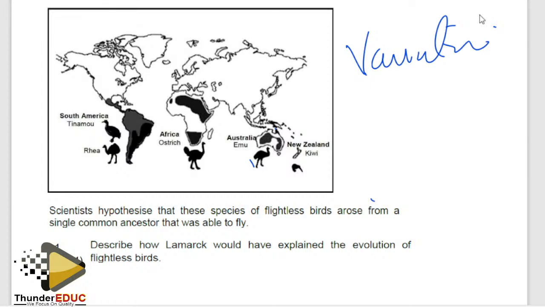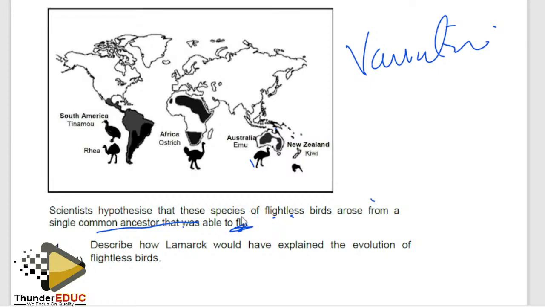Those which are able to fly and those which are not able to fly. When you talk about the variation, the first statement must be that there was variation among these flying or flightless birds. Flightless birds arose from a single common ancestor of flying birds.